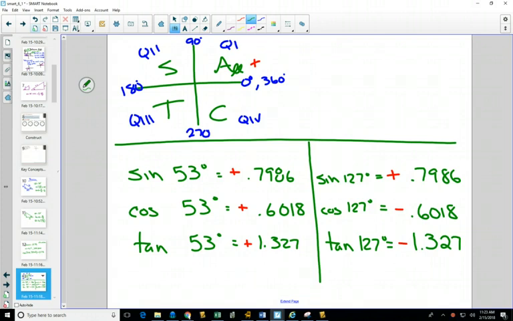It's my QR. You forget what it's called. You're right. It's my something R. And that R stands for something. Reference angle.